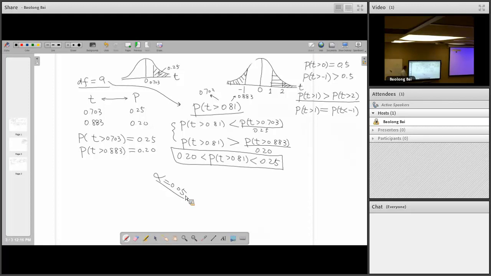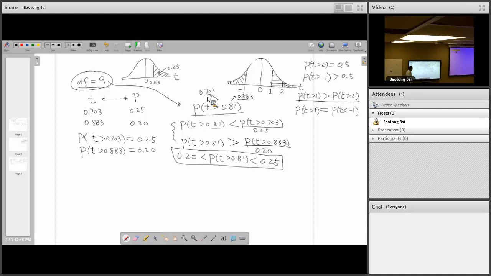Right? So on the t-table, for any t-score that you have, you will only have 3 scenarios. For example, if we're talking about degree of freedom equal to 9, one scenario is just like this: the t-score is in between 2 numbers on the t-table. Then the probability with a greater than sign will be in between the probabilities of the 2 neighbor t-scores.